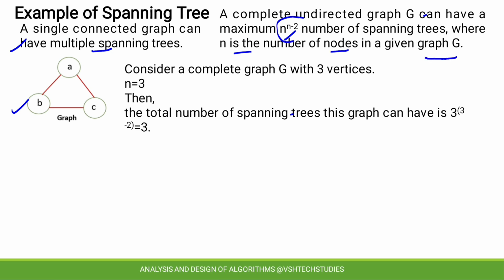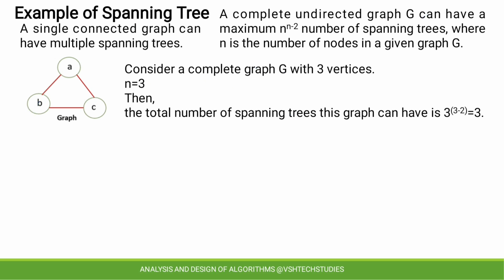So this is the formula that is used to find how many spanning tree subgraphs there will be for the given graph. For that, consider a complete graph G with 3 vertices, that is this graph. N is 3, meaning the number of vertices in this graph is 3. It is a complete graph. Complete graph means all the vertices are connected to each other.